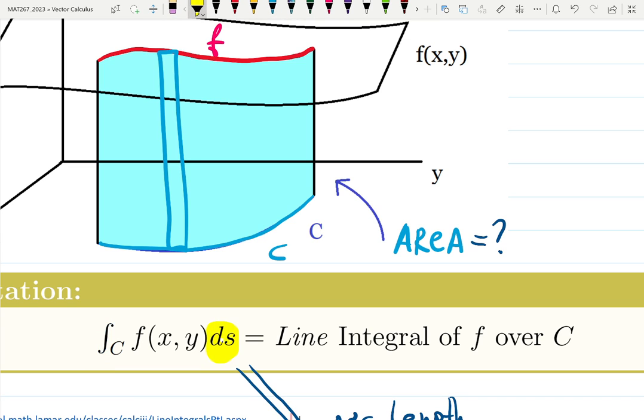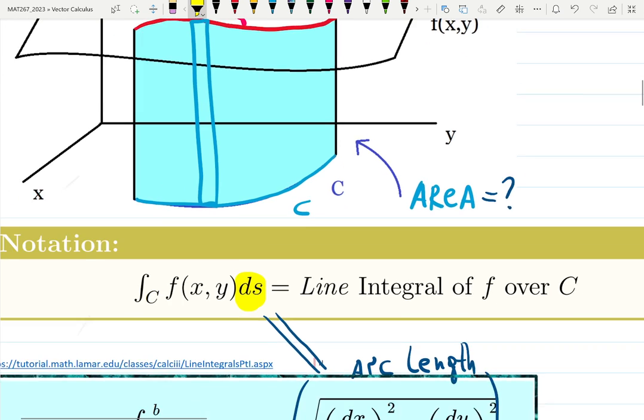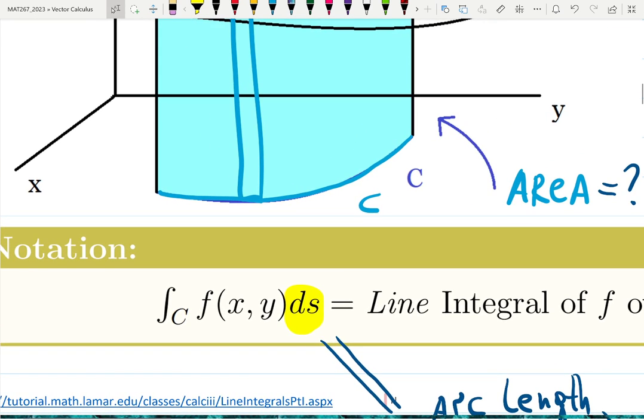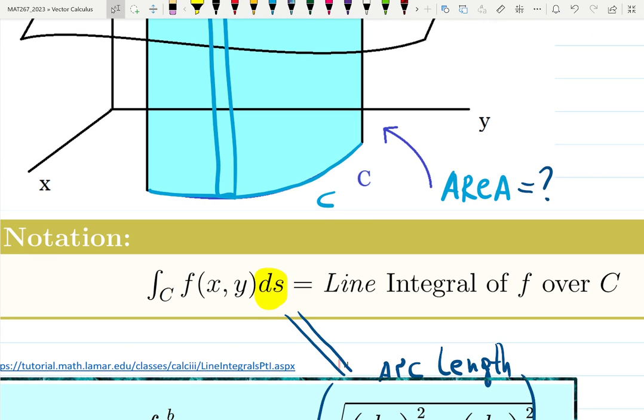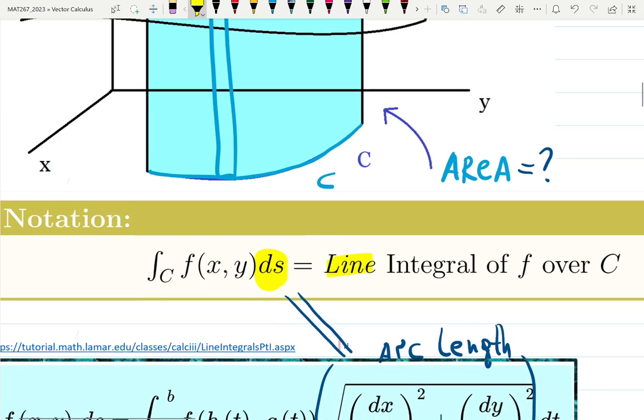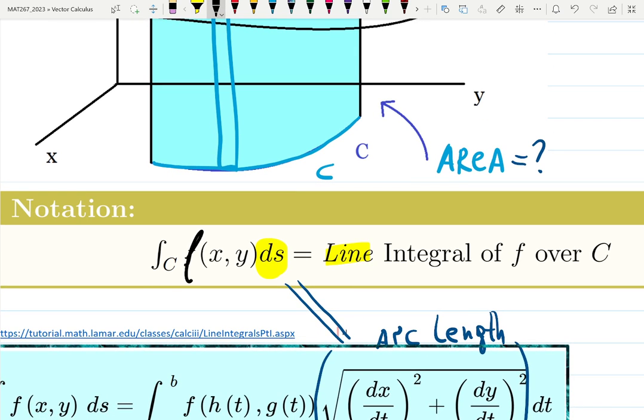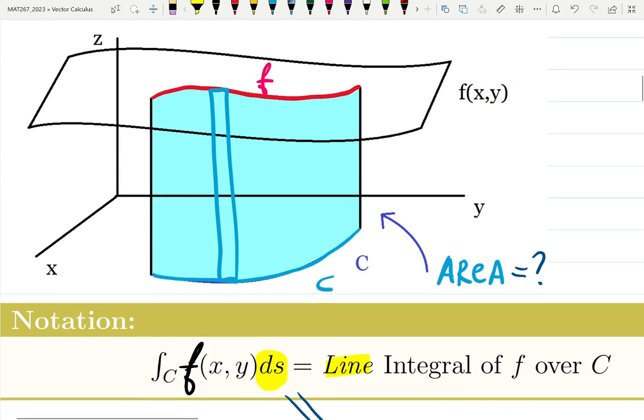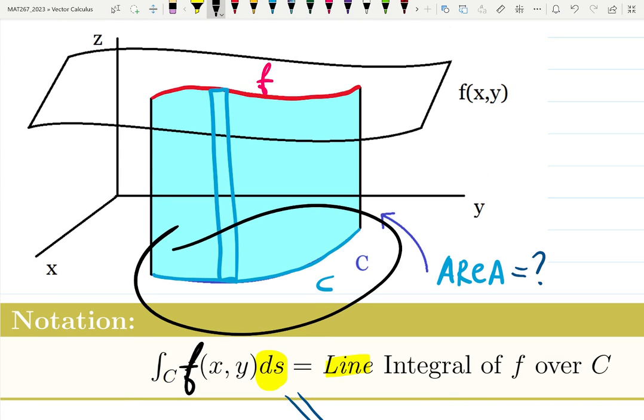Every time you see ds, that means we're doing the line integral. It equals the line integral of f over C. That's notation. F is the function inside. C is the curve we're integrating on, basically the domain. So f will go inside of the integral, and C will be the limits of integration.